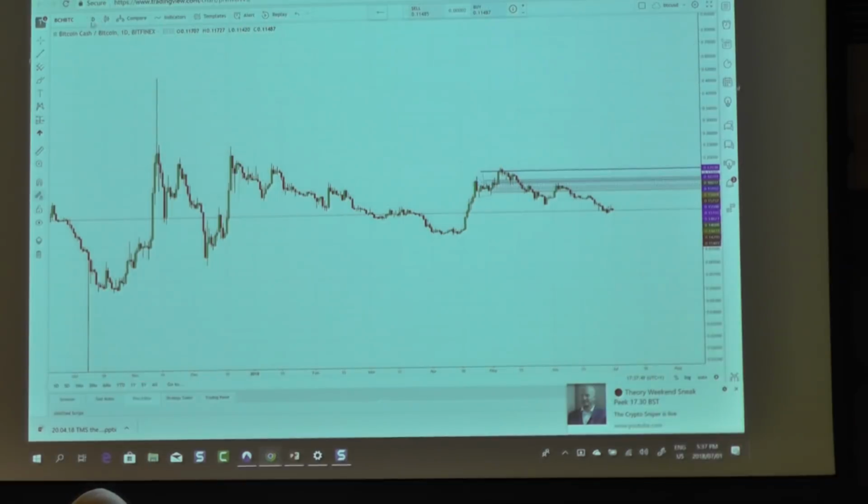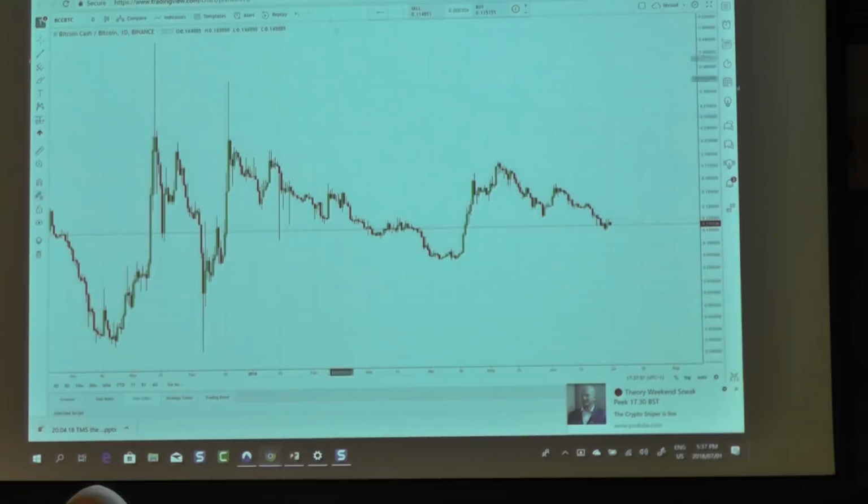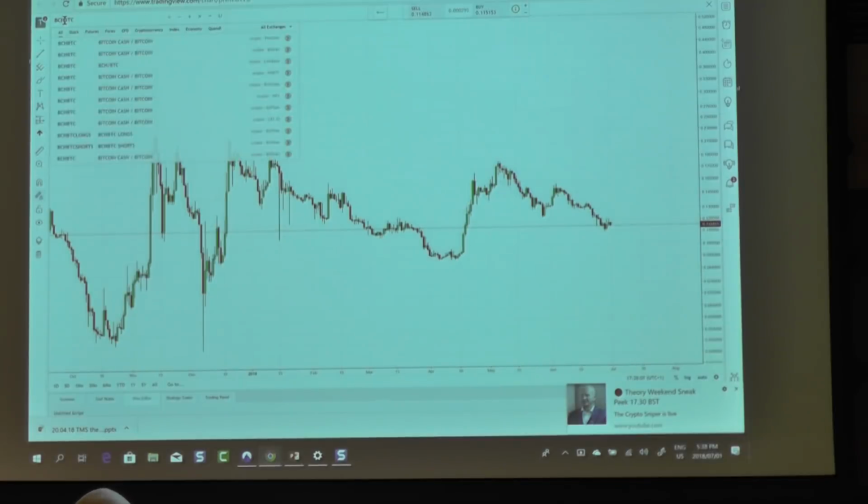We're looking at it here. In fact, I'm going to change this to BCC because Bitfinex took it from the very, very beginning, while some of these came in later. No, I don't want Binance. We'll do Bittrex. I know Bittrex is not the highest liquidity. They've changed it to BCH, haven't they? That's what's confusing me. These guys, I can't keep up. So BCH, no, that's still not Bittrex.